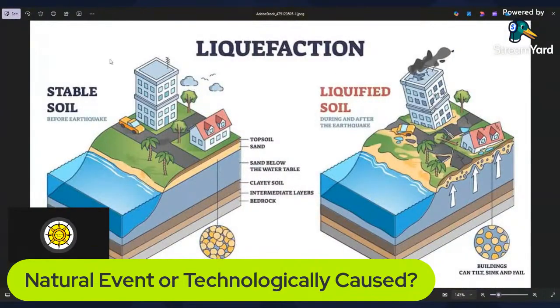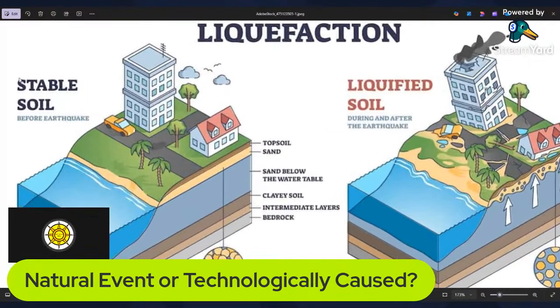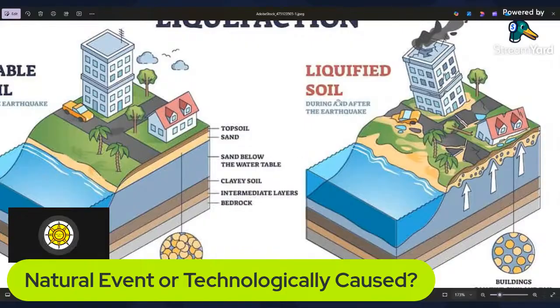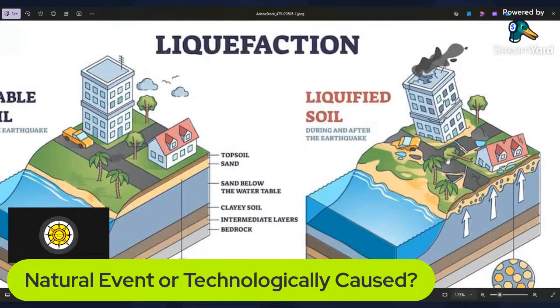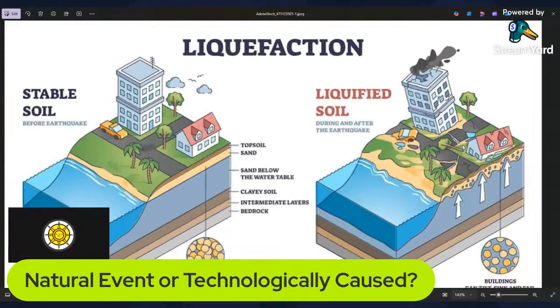And here you have it here with this little diagram of what liquefaction actually is. You have stable soil before the earthquake. You've got the topsoil and the sand. You've got everything that the foundation of the buildings and the roads, the infrastructure of the roads are built in. The soil becomes liquefied, the process of liquefaction during and after the earthquake. The buildings can tilt, sink, and fail, the houses and the cars and the roads.